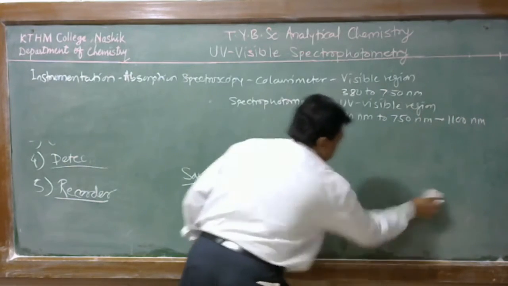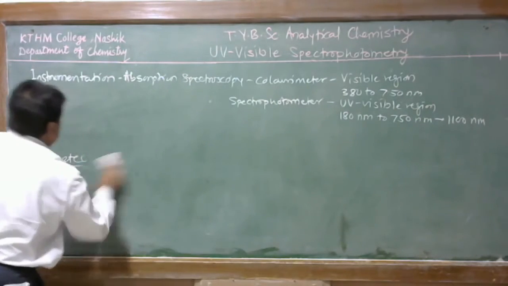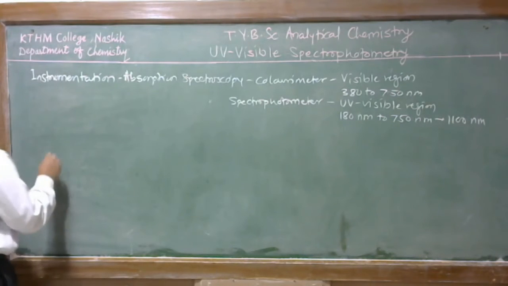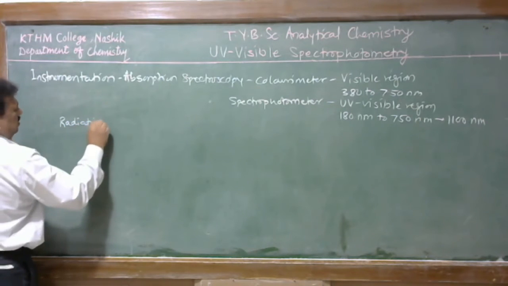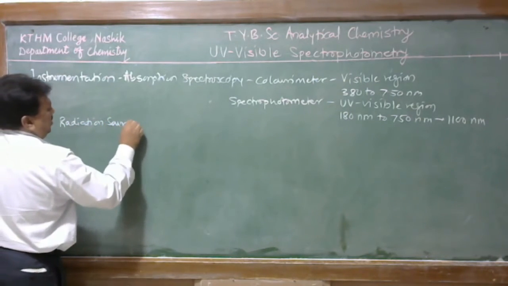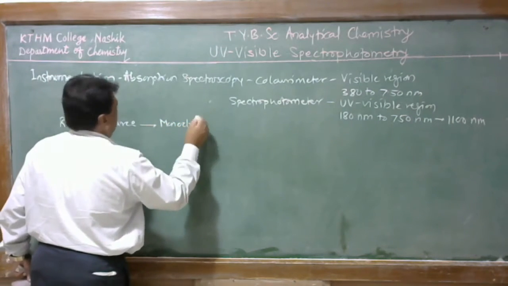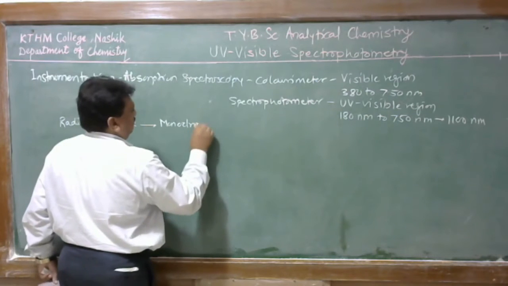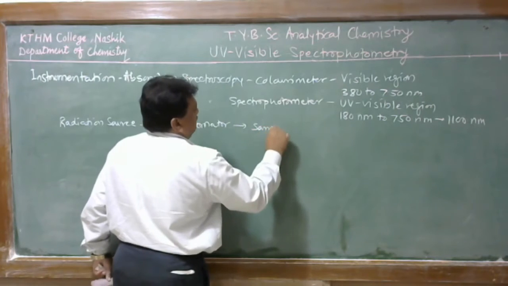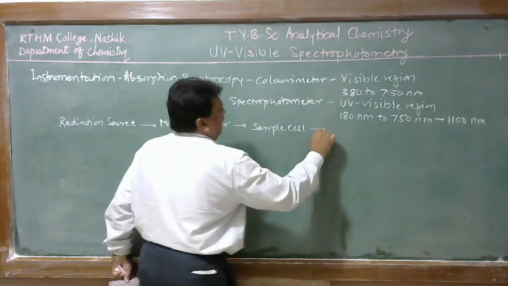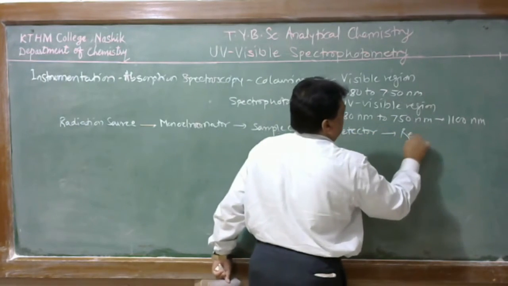Similar to the optical instruments, here number one is the radiation source, from the radiation source to the monochromator, to a sample cell, to the detector, and detector to recorder.